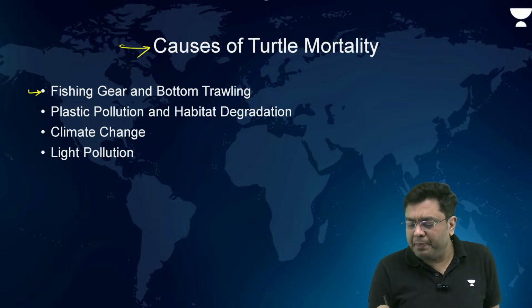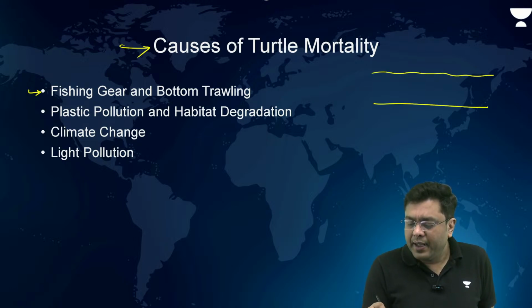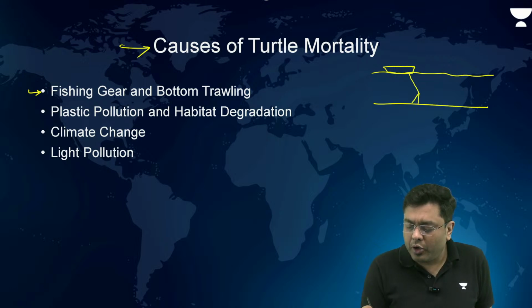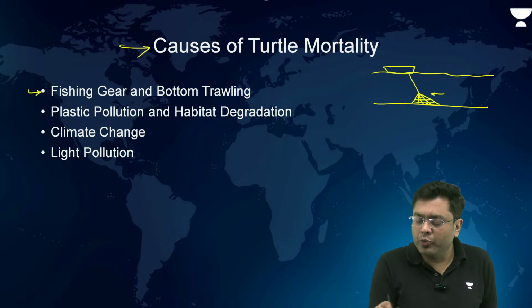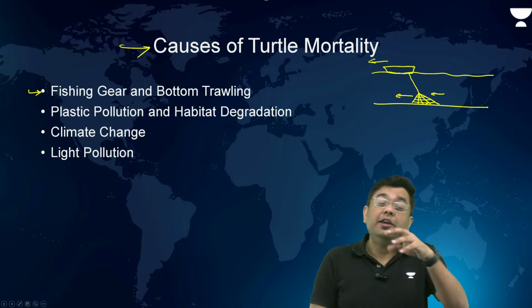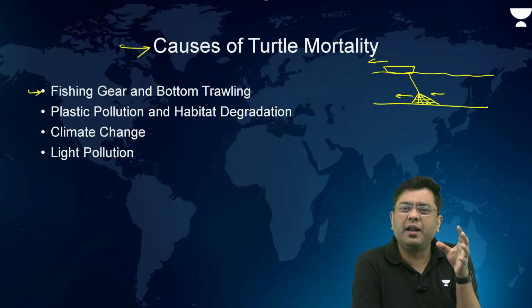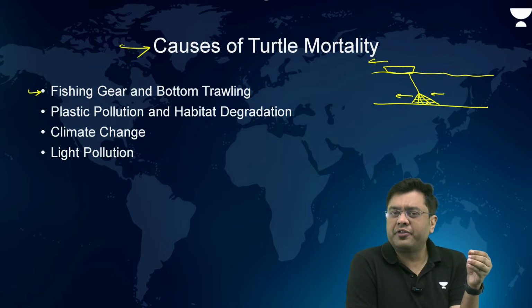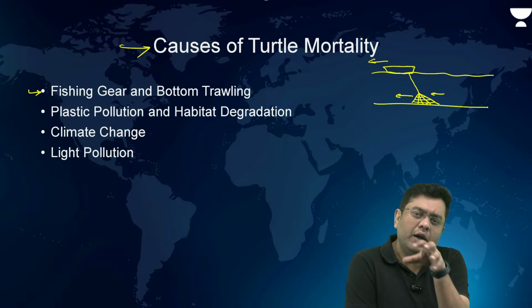If let's suppose you consider this to be the shallow sea bed, if let's suppose this is a simple case of a fishing boat, you attach a large net to the boat which scrapes the bottom of the floor. As the boat moves forward, so does the net, so as to ensure that whatever little amount of catch or whatever species are present at the sea floor, they are also caught.